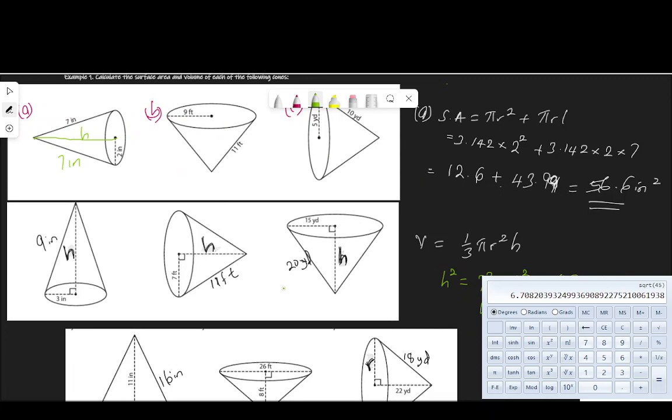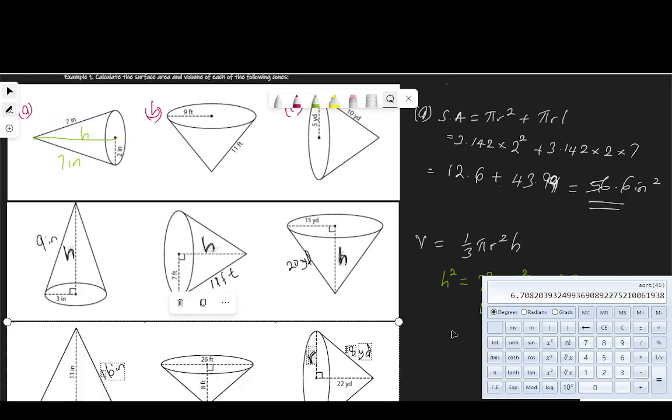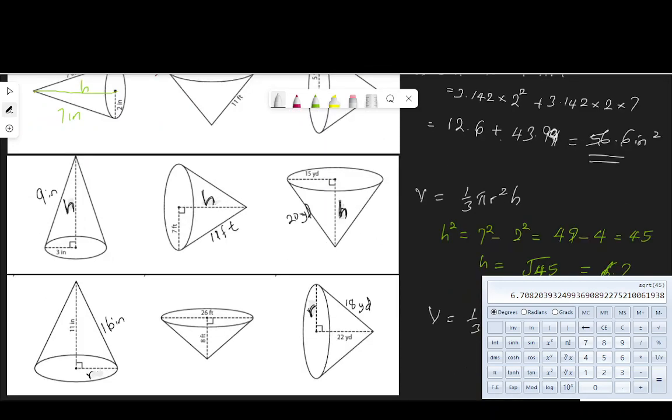So we can use that now to get the volume. V is 1 over 3 pi r squared h. So putting that into the formula, V therefore is 1 over 3 times pi is 3.142 approximate value, times the radius of the cone is 2 inches, 2 inches squared, times the height, which is 6.7.